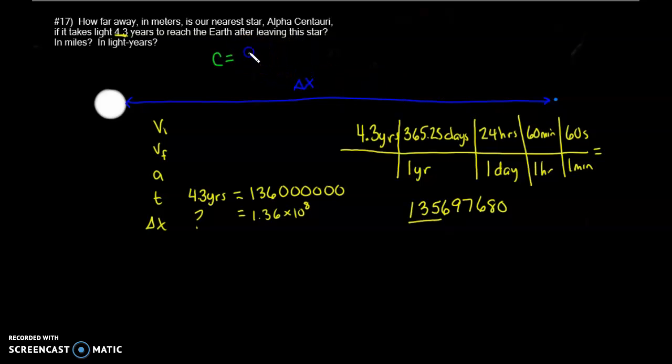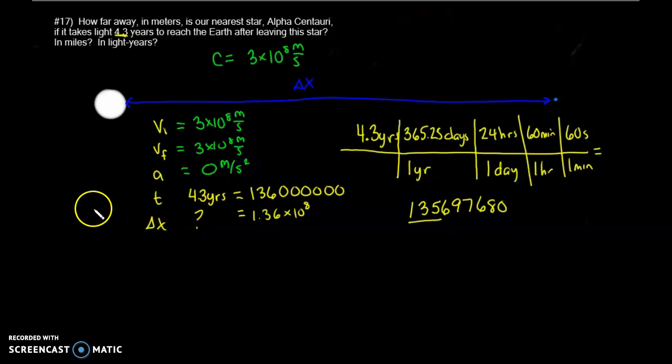So that c is 3 times 10 to the 8th meters per second. So our light is going to start at 3 times 10 to the 8th meters per second. It will finish at 3 times 10 to the 8th meters per second, which means it will not have an acceleration. 0 meters per second squared.